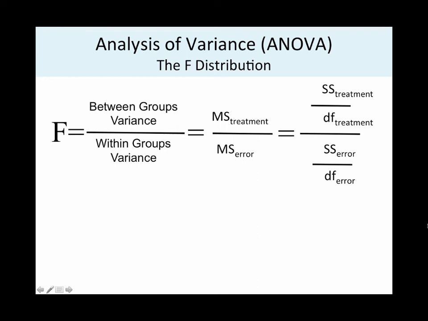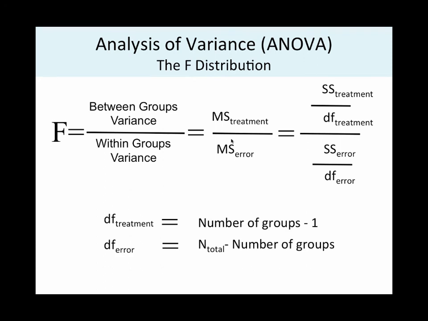Also, the term mean square can be interpreted as the mean or average of the sum of the squared numbers. Now that's not exactly correct mathematically, but I think that's a really good way to think of mean square conceptually. And here is the formula for computing those two different degrees of freedom.